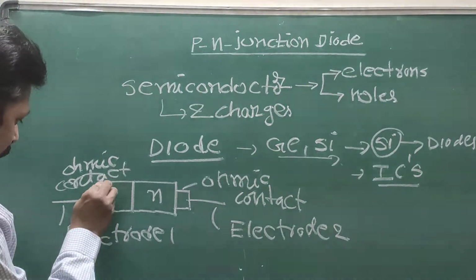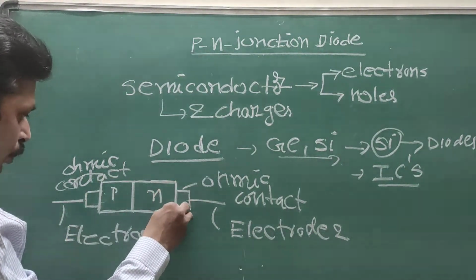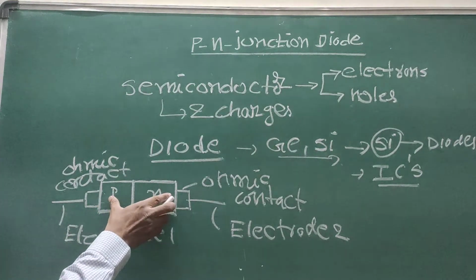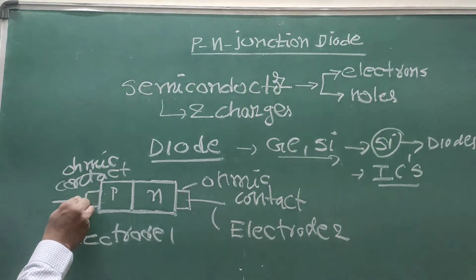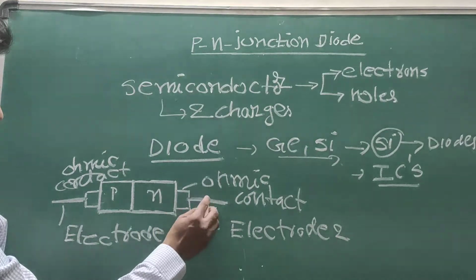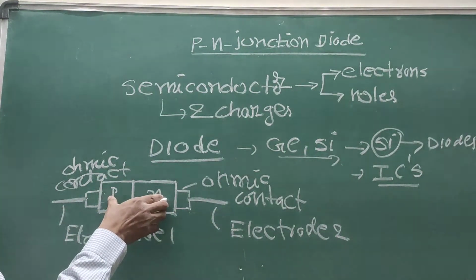The main significance of this is that P type and N type are both combined on a single semiconductor material. Now these two are interconnected with the metal contact. This is called the metal contact and this is also a metal contact. Both exist externally with respect to the PN type material.